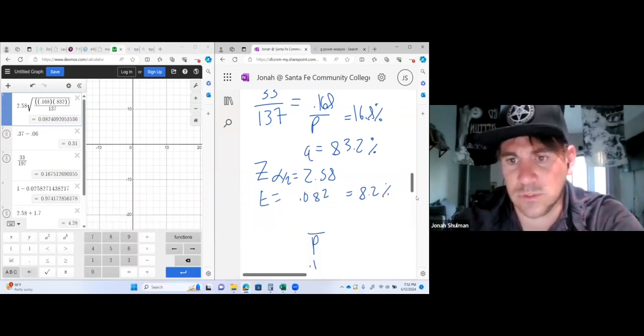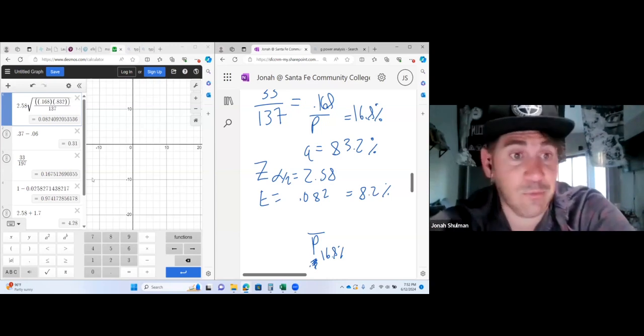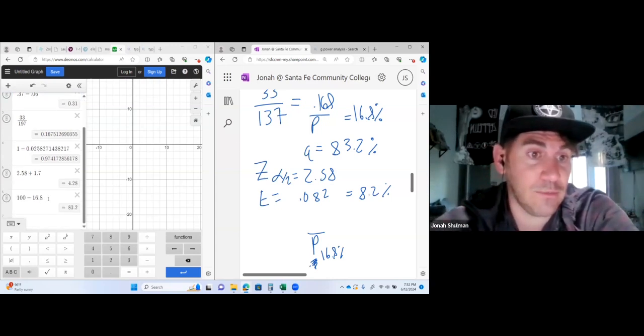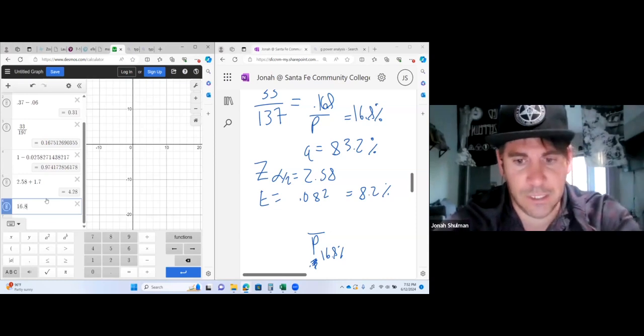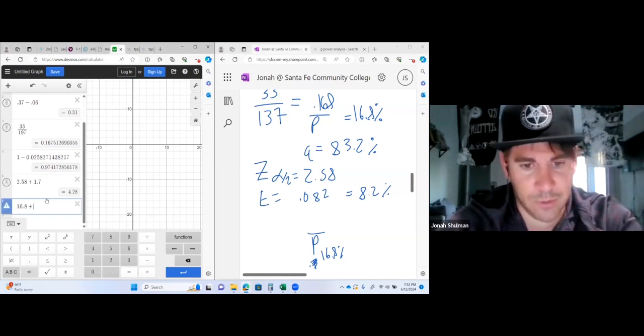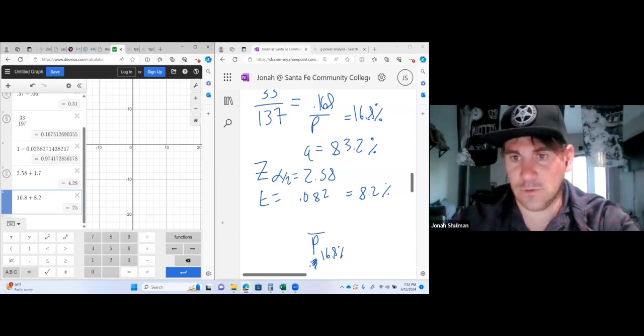We'll look at it as a percentage. This is really 16.8%. So all we have to do is subtract the 8.2 from it and add the 8.2 to it. So here we go. 16.8 plus 8.2 is 25% successful.